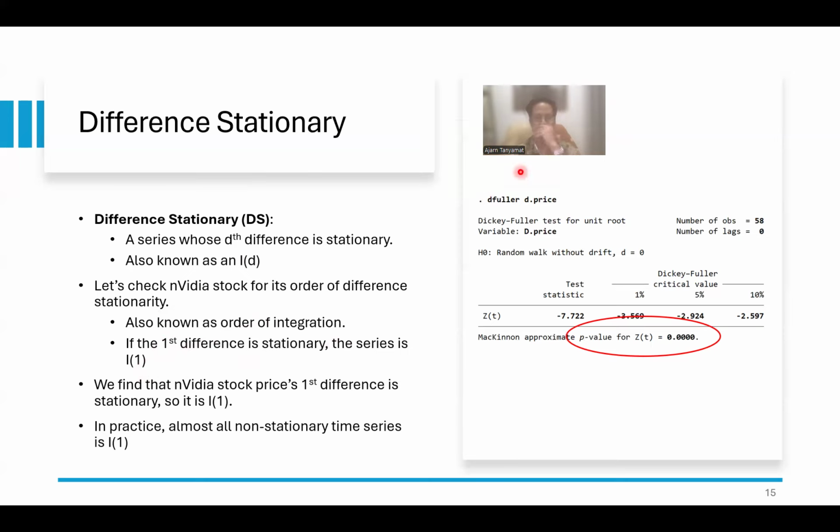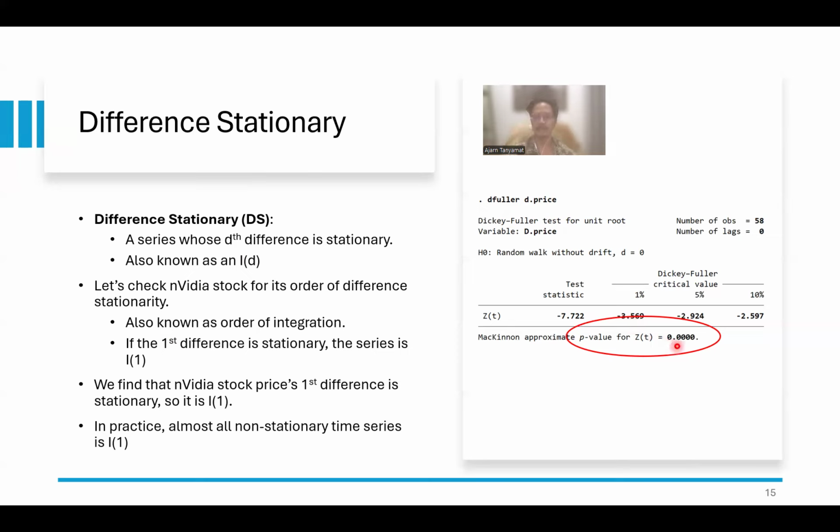Okay, anyway, let's check NVIDIA stock. The command is dfuller. Now, instead of testing the stationarity of the price variable, we're testing the change in the price, d.price. What we see here is that the test statistic is quite large, around 7. It's larger than the critical value at 1%, so this is definitely significantly stationary.